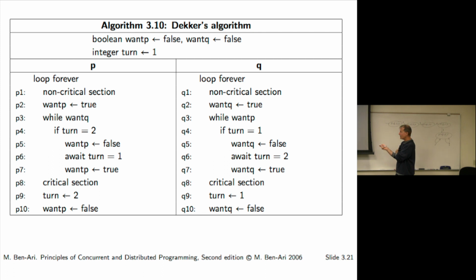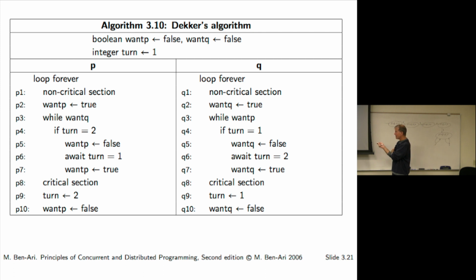So if turn equals 2, he does this. But if turn isn't equal to 2, what does he do? If it's not the other guy's turn, he goes back to P3, right? And if it's still not, he'll keep going back.